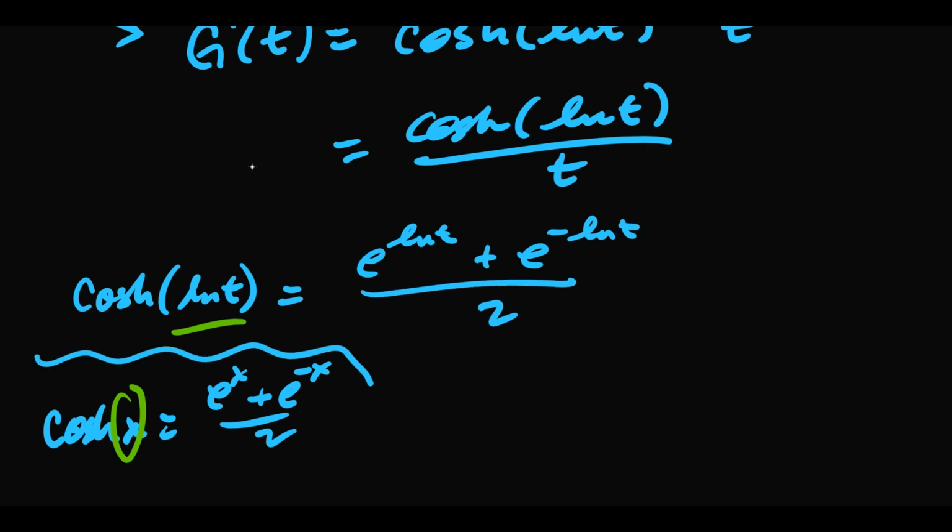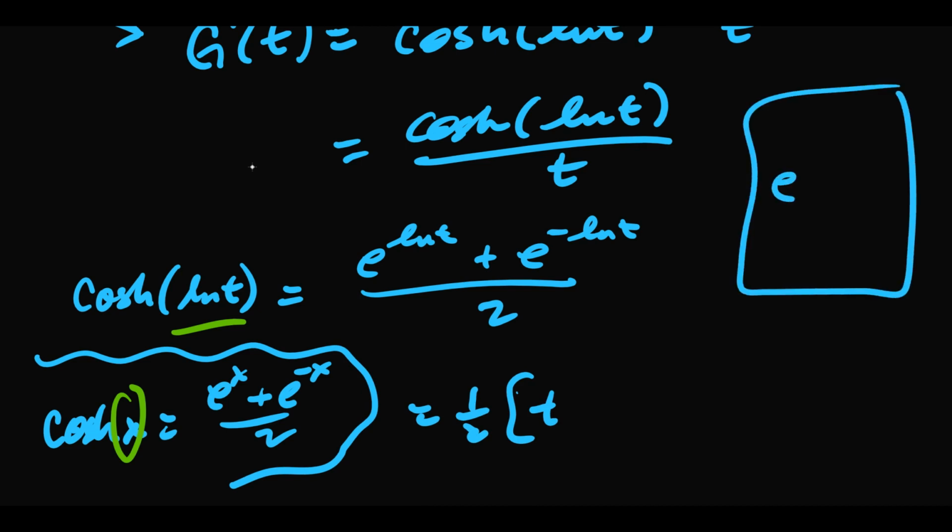So I'm going to pull out that 2 as a 1/2. And let's play around with this. E to the natural log of t is just t, because remember from algebra, e to the natural log of x is just x. All right, so plus, now I'm going to use a power rule here, pull that negative in front there, and so it'll be plus e to the natural log of t to the negative 1 power.